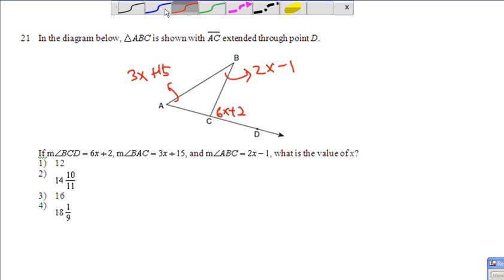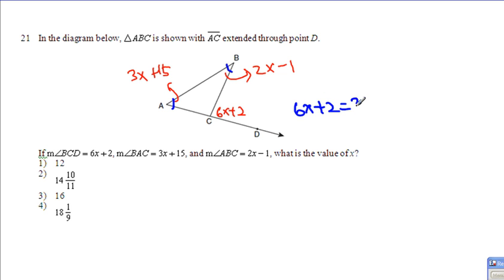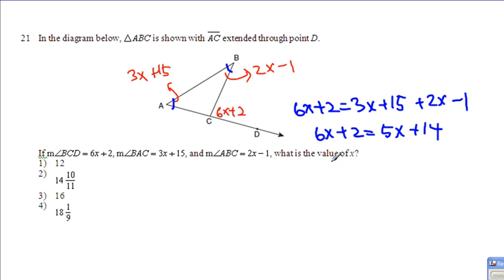Now we have to realize that the exterior angle is the sum of the two non-adjacent angles, meaning 6x plus 2 will be equal to 3x plus 15, plus 2x minus 1. When you simplify this, we get 6x plus 2 equals 5x plus 14. By subtracting 5x from each side, we get x, and by subtracting 2 from each side, we get x equals 12. And there it goes, right here.